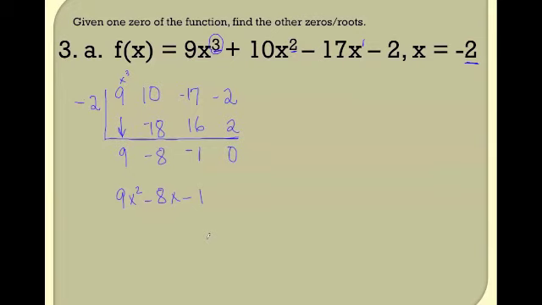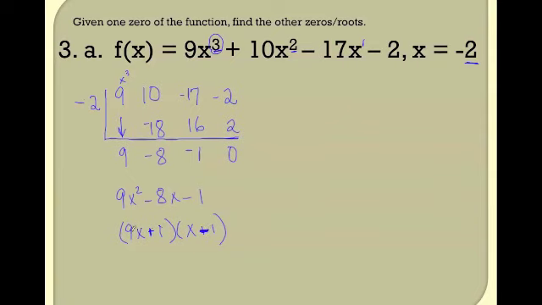And so now I need to see if I can factor this, and I believe I can with 9x and 1. Oops, I think I got my signs backwards. It should be this way.